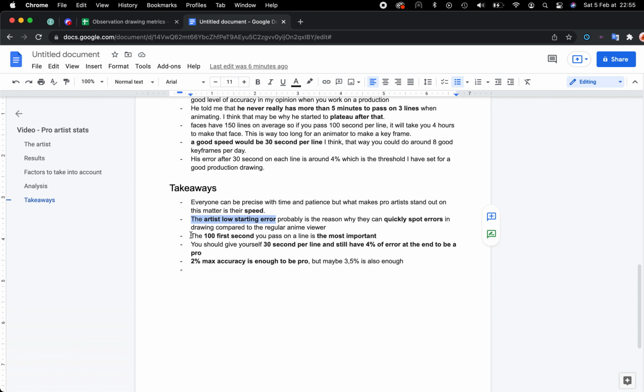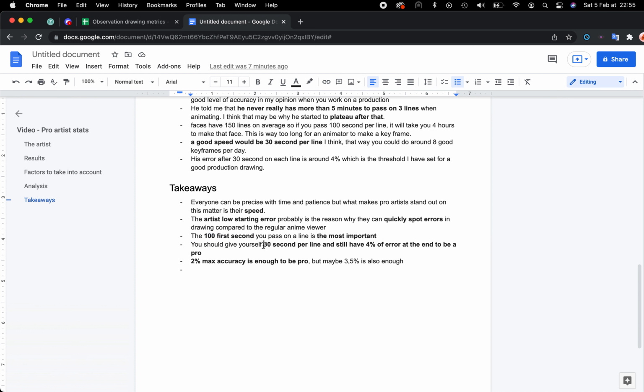Something else, the first 100 seconds you spend on a line is the most important. After that, you don't really make much improvement. It's a lot of time invested, so focus on the first 100 seconds.